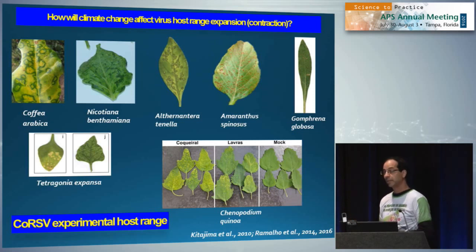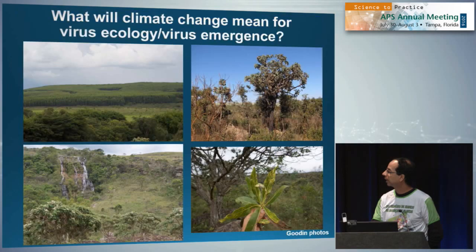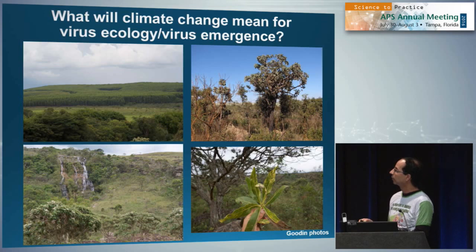So it might be a very excellent model for climate change related studies. So we're following that up. But there's an even grander scale. So what will climate change mean in terms of virus ecology and virus emergence, particularly in areas where agricultural monoculture meets high biodiversity areas?